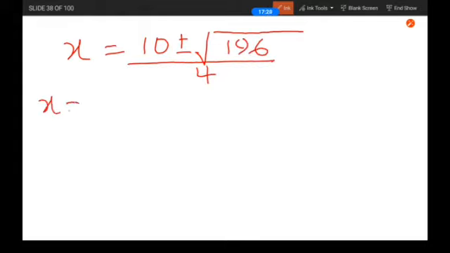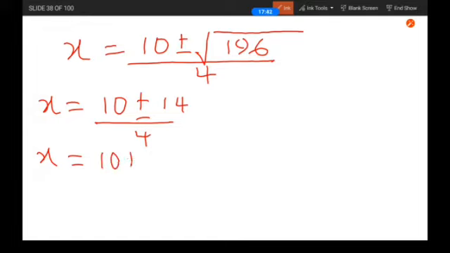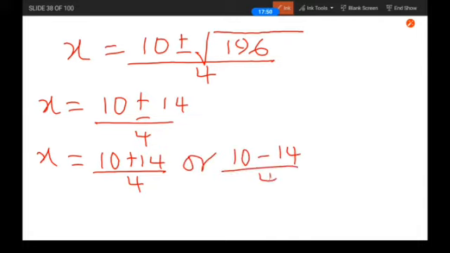So that x will now be 10 plus or minus, what's the root of 196? That will be 14 over 4. So we are going to be getting two answers as usual, 10 plus 14 over 4 or 10 minus 14 over 4.